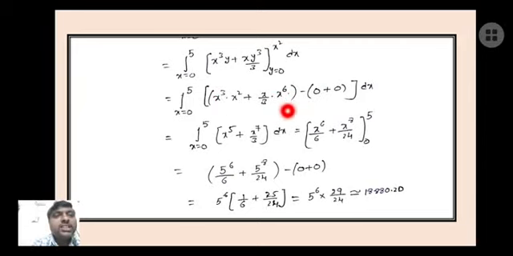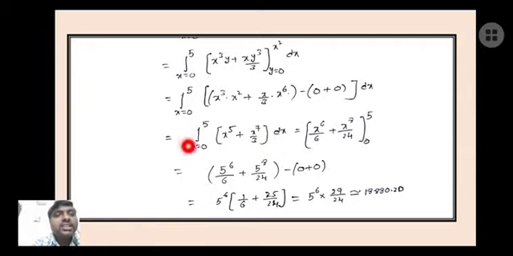Now I simplify this term: x cube into x square is x power 5, plus x power 7 by 3, dx. So the double integration has changed into a definite integral, a one dimensional integration.